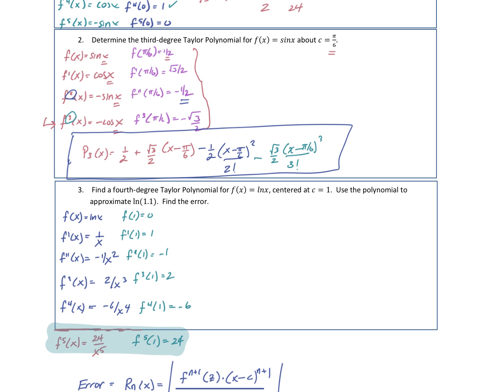So similar, but it's still different. In AST, alternating series, we always found the next term of the series. What you want to do for a Taylor or Maclaurin is you want to find the next derivative. So since it said 4th degree, normally we would stop here. But I did one more derivative, and I'll explain why when we get to the error. But for right now, let's just do the polynomial.